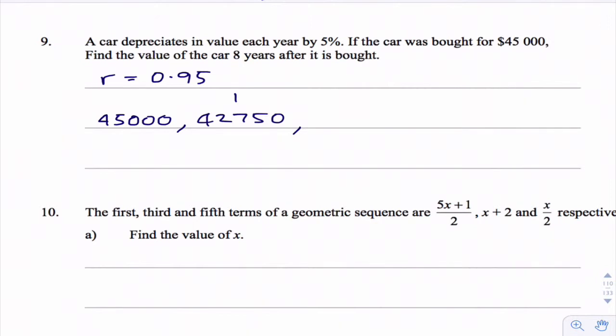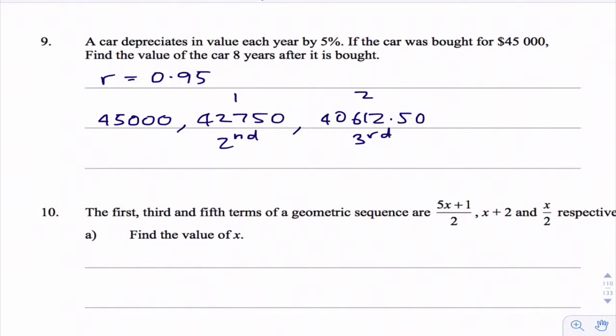Now notice that is the second term in the progression. So after 1 year is the second term. If we go another year, the car will be worth $40,612.50. That's after 2 years, which is the third term of our progression.